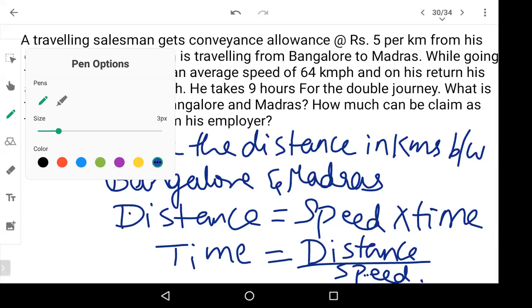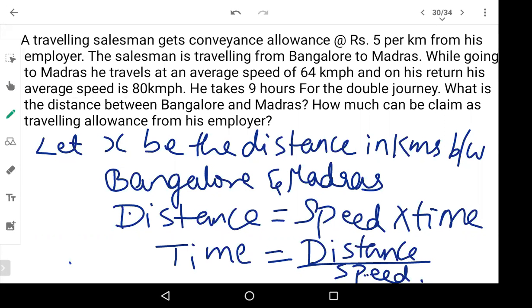We know the time: 9 hours is the total time. So we can find out the distance, and we also know the speed. Because we know the speed and the time, we have converted the formula in this format.